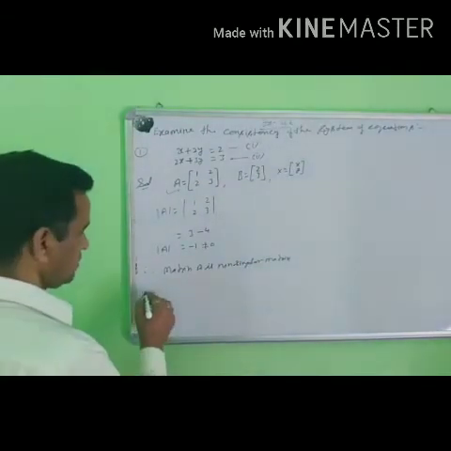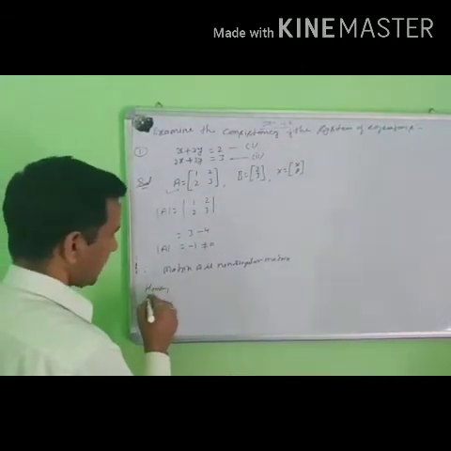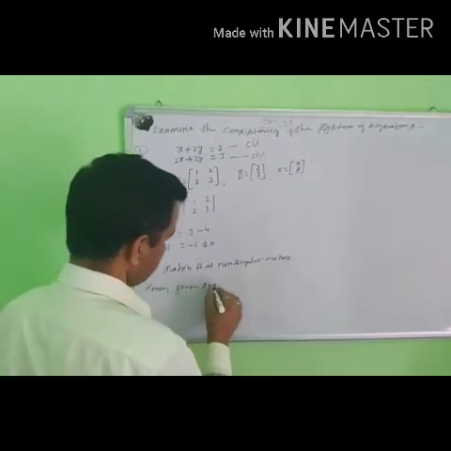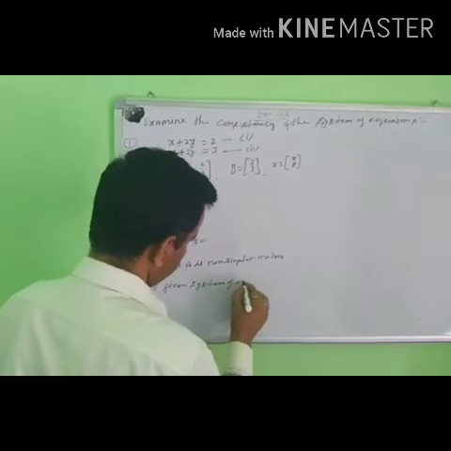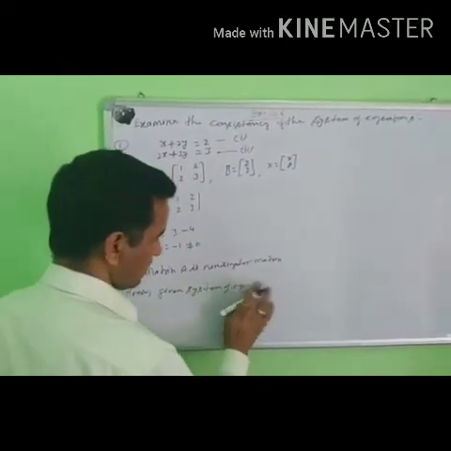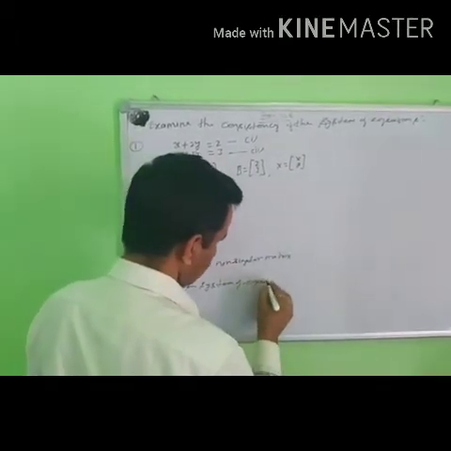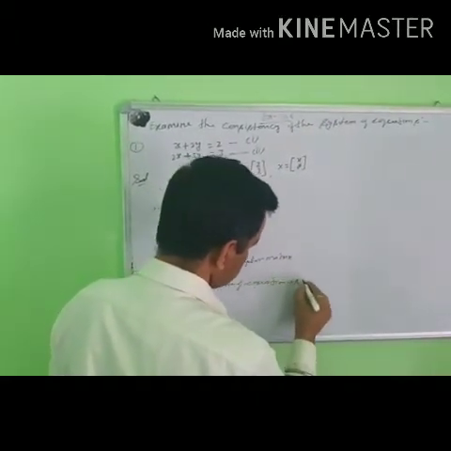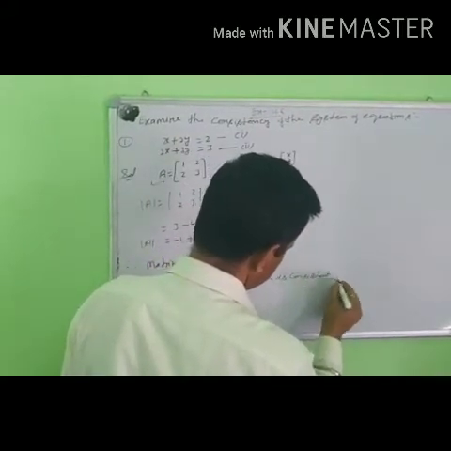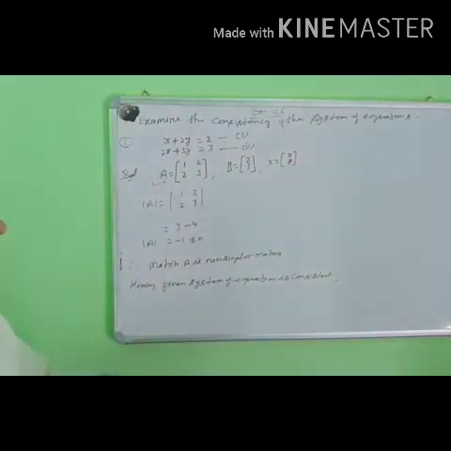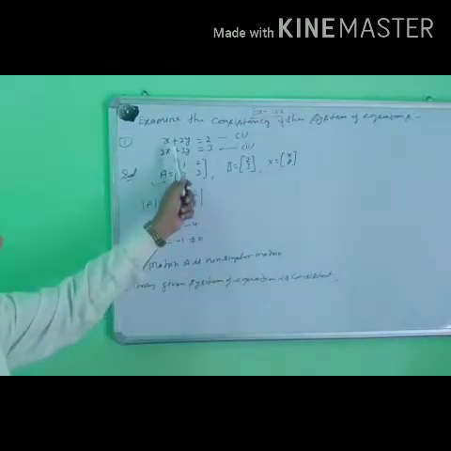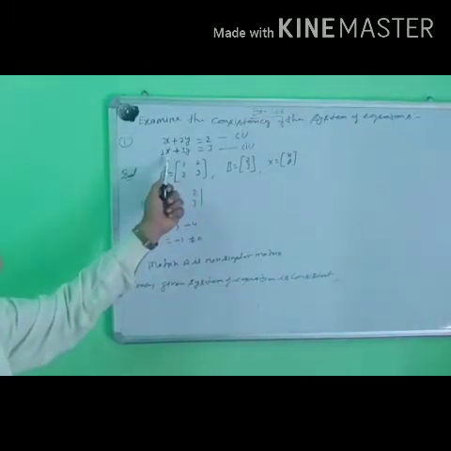Hence we can write here that the given system of equations is consistent. What does consistency mean here? This given system of equations is consistent because it has a solution.